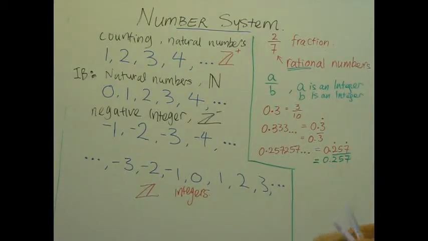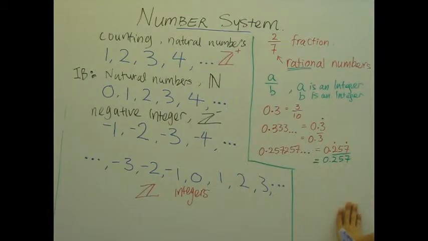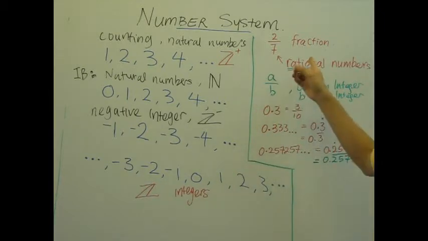So these are numbers and fractions. These actually are called rational numbers. I'll explain in another lesson why these are rational numbers. Okay? So when you have integers and rational numbers, there are also numbers which are not rational.